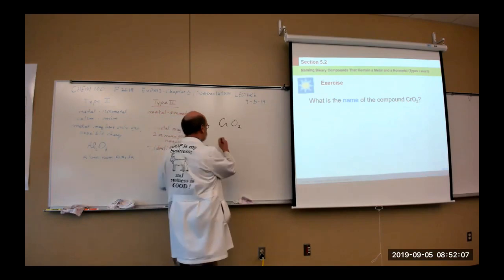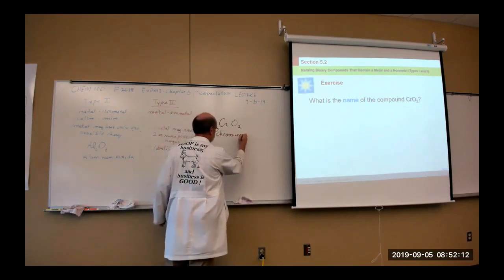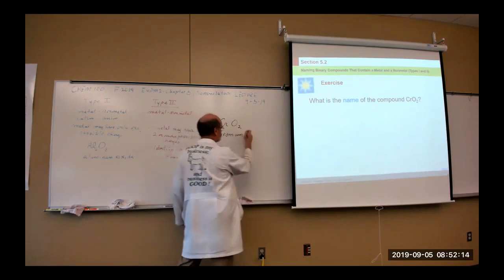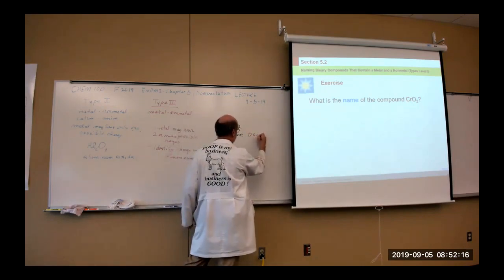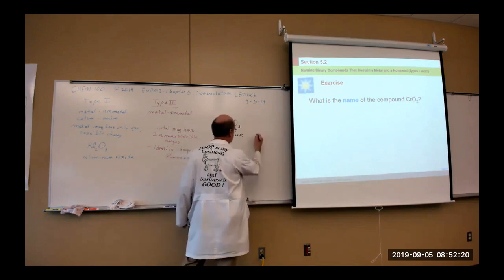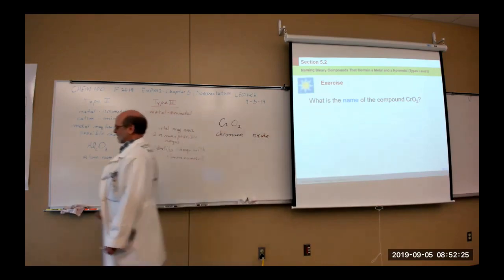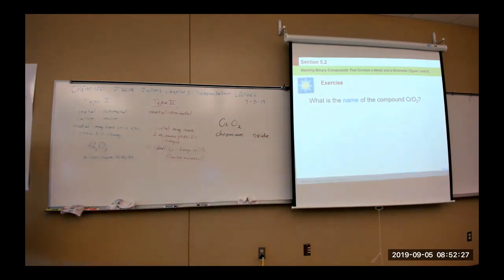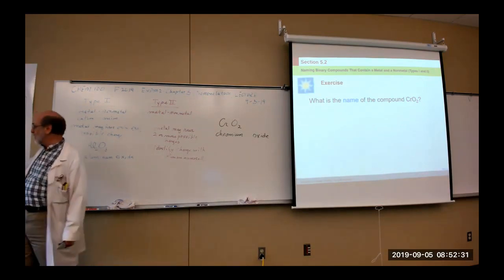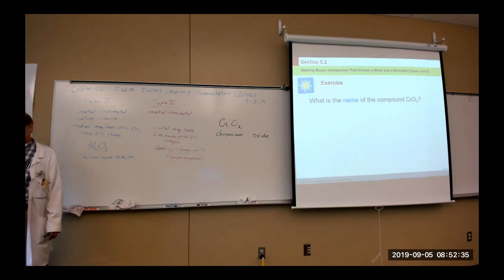Okay, so that's chromium. And then oxygen is oxide, right? Because where does chromium come from? Transition metal. So it's going to be a type 2 compound. Right? It's not from a group that has one fixed charge. So chromium could have more than one charge.